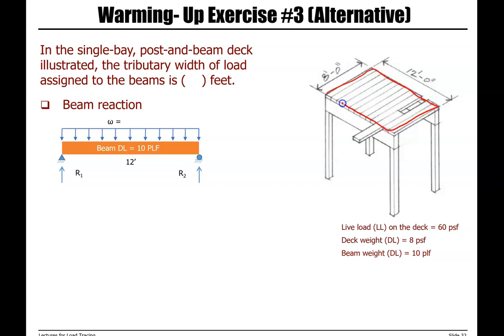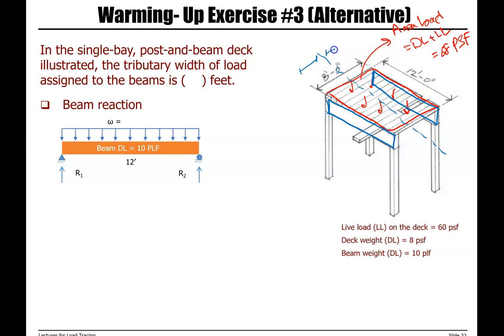This is our area, and we have the area load, the total dead load and live load of 68 psf. Instead of looking at each individual plank, we look at the area and then say that this area is supported by two beams. Half of the load is transferred to the right beam and half of the load to the left beam.